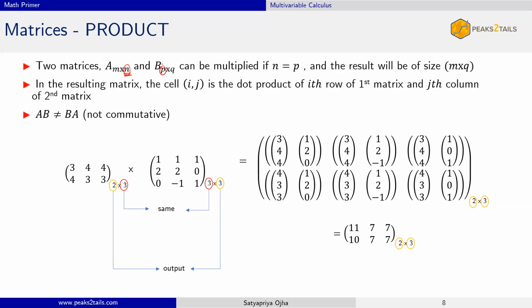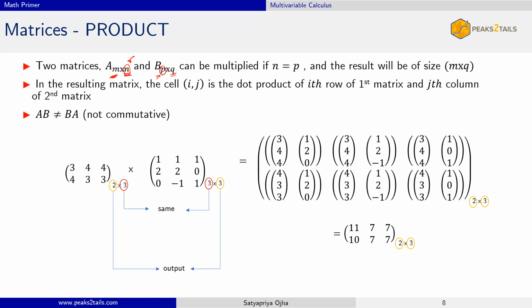And the output, after you multiply, will have a dimension M cross Q. In other words, the outer dimension of the first matrix must match the inner dimension of the second matrix. After you multiply A with B, the resulting matrix will have the other two dimensions, which is M cross Q.